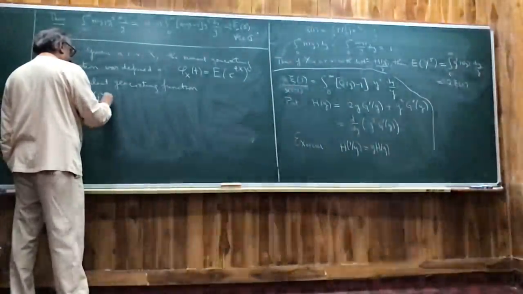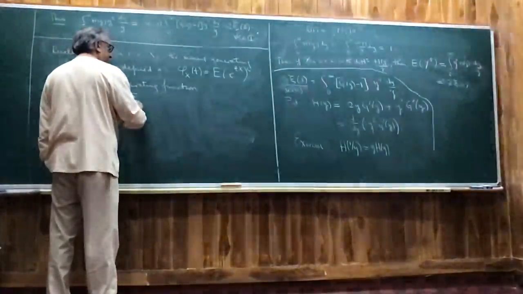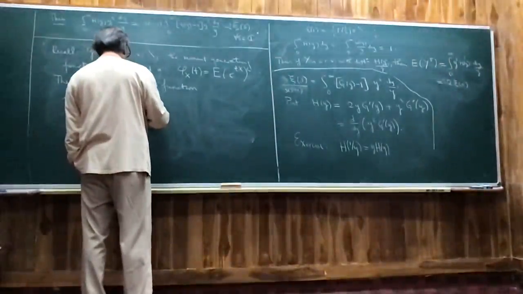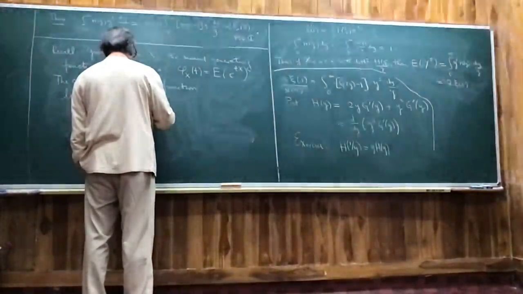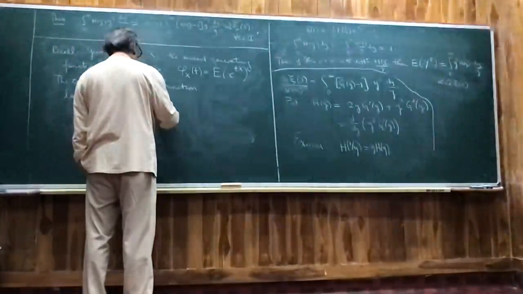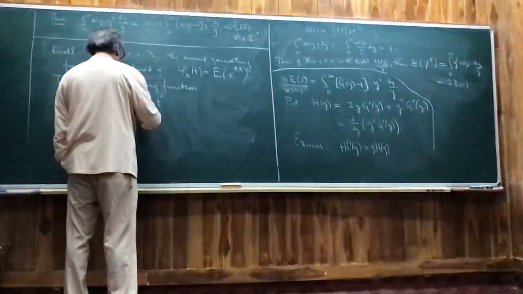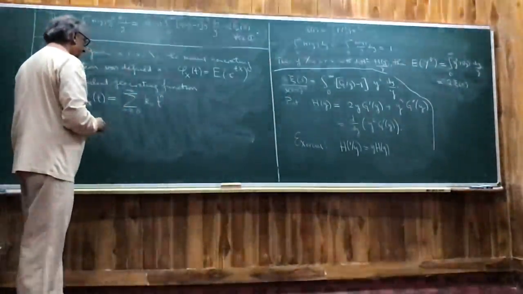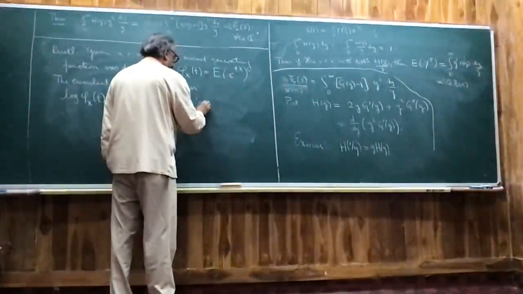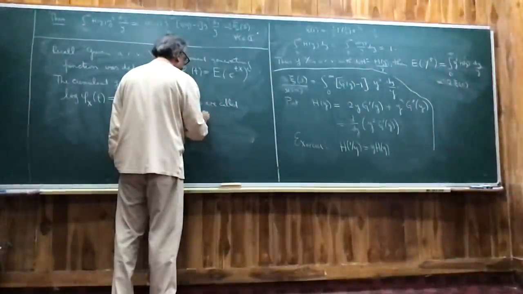The log phi x of t has an expansion in terms of kappa n t to the n, n going from 0 to infinity, so it has a power series, and the kappa n are called cumulants.